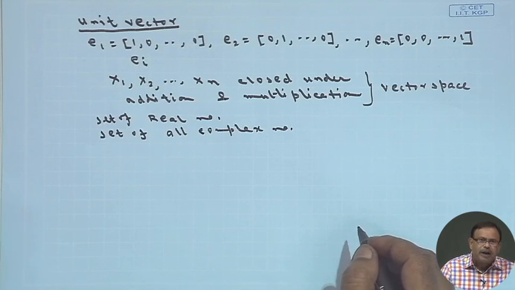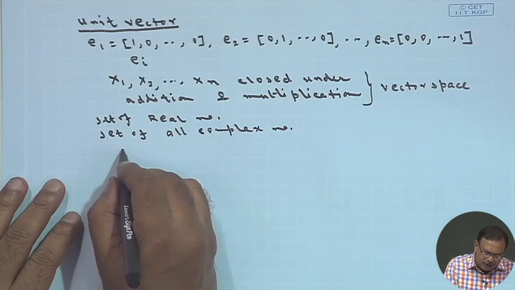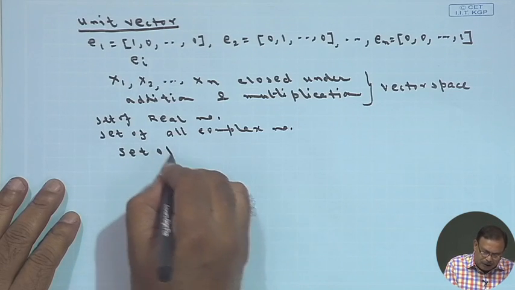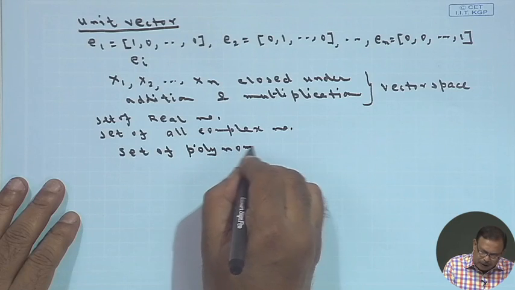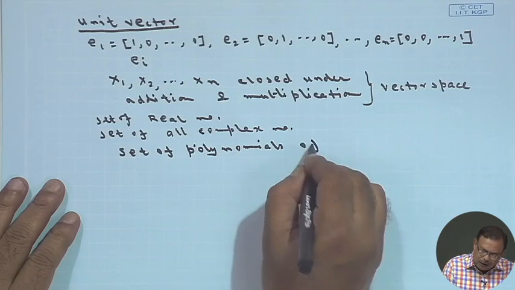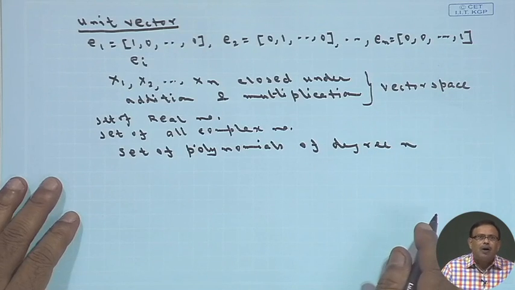Suppose I take the set of polynomials of degree n, what happens? Will it form a vector space or not?